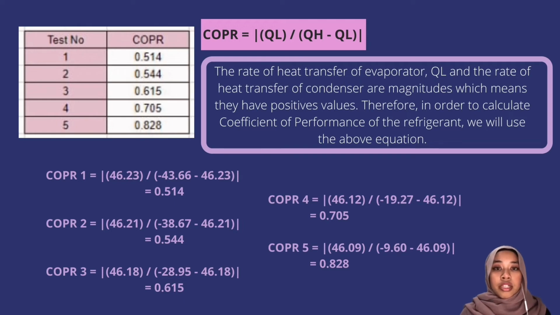Therefore, in order to calculate the coefficient of performance of the refrigerant, we will use the above equation, which is COP refrigerant equals modulus QL divided by QH minus QL. Then we will get COP for test 1 equals 0.514, test 2 0.544, test 3 0.615, test 4 and test 5 0.705 and 0.828 respectively.